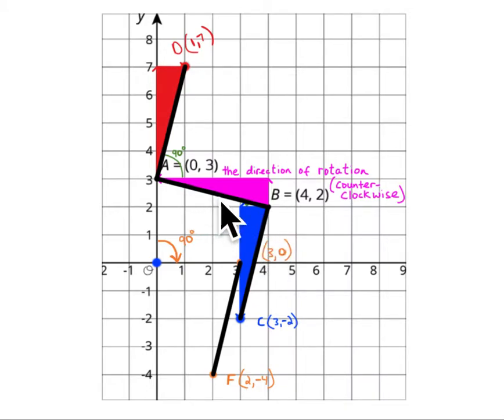So this line segment is going to go to its corresponding side of the triangle, and it's going to end up right here. So it's a 90-degree rotation, and to figure out the placement of that line segment, you can count. If you're at B as the center of rotation, and you're going to rotate 90 degrees, you can count up 1 unit, and in the direction of rotation 1, 2, 3, 4 units.